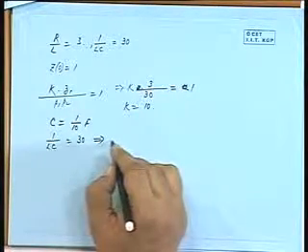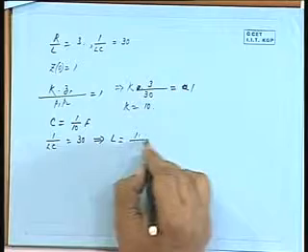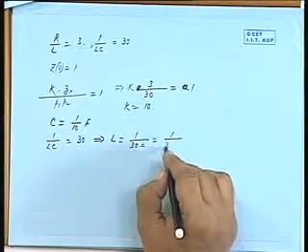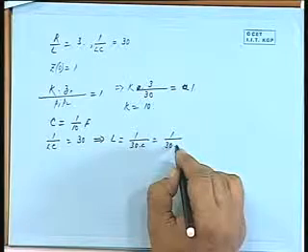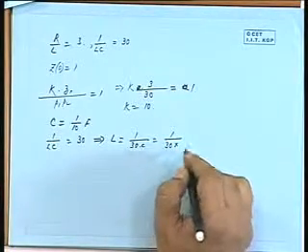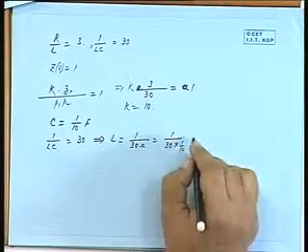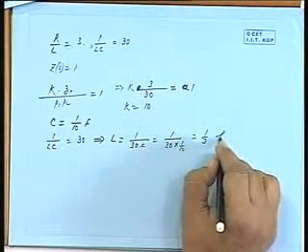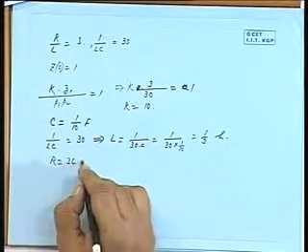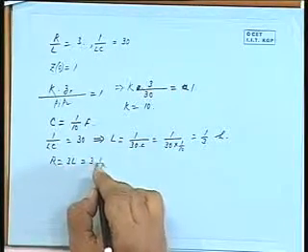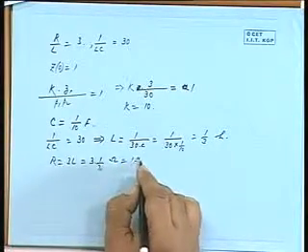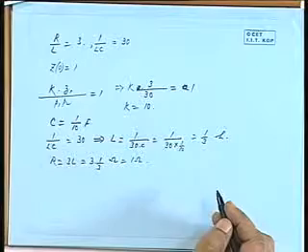So L is equal to 1 by 30 into C equal to 1 by 30 into 1/10, is it not? 1 by 3 Henry. So R is equal to 3 into L, that is 3 into 1/3, 1 ohm. Is that all right?